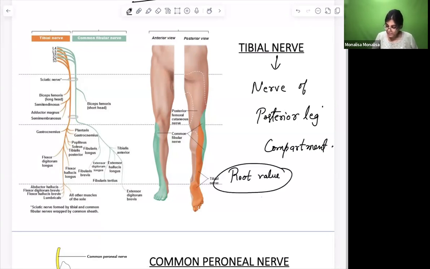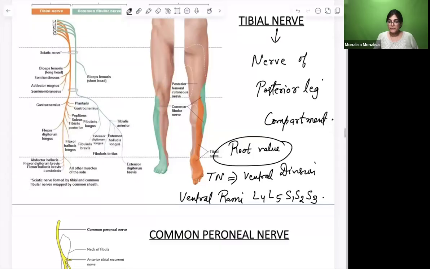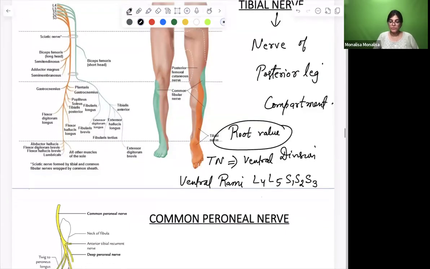The tibial nerve is formed by the ventral rami of L4, L5, S1, S2 and S3.